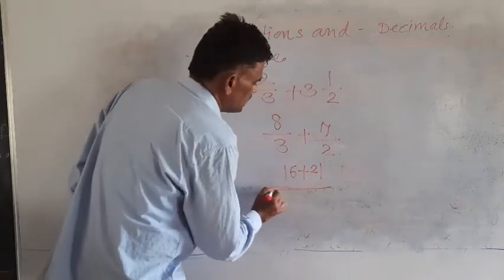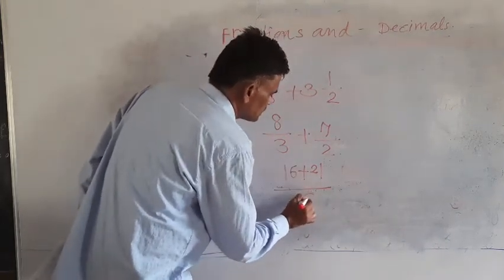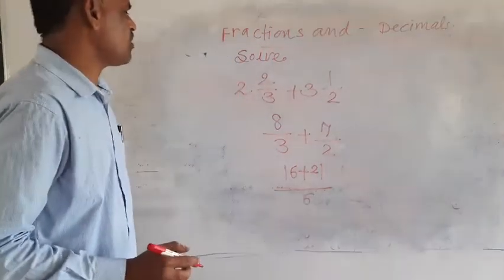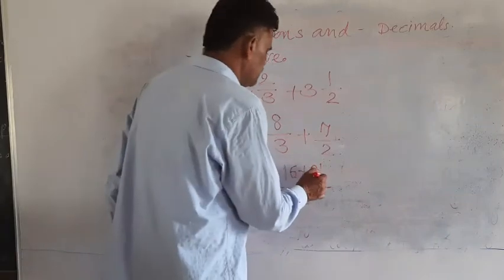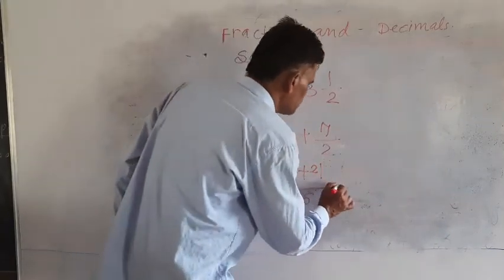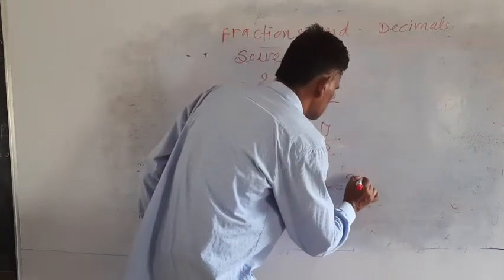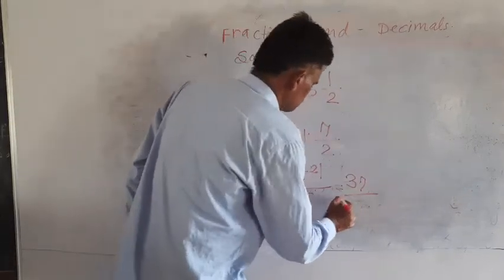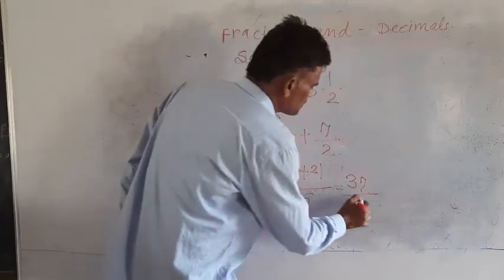We get here 3 twos are 6. Then what is the addition of 21 and 16? That is equal to 37 divided by 6.